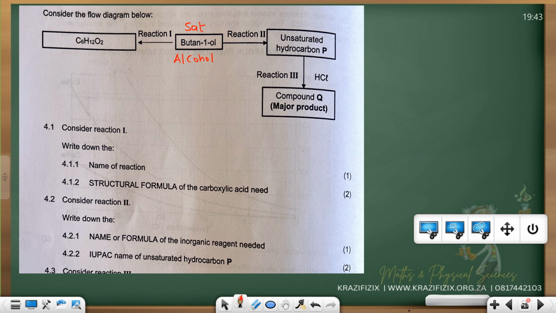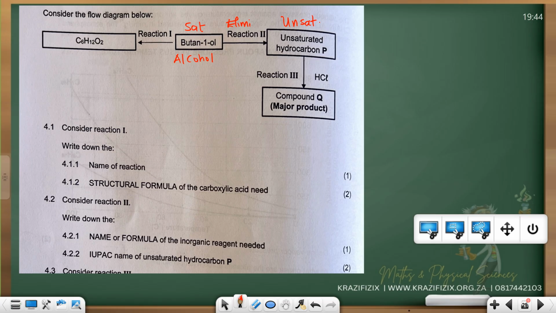Now, look at reaction P. They even helped us. They said on what? Saturated. That is SU. So I know this reaction is what? Elimination. Now, that unsaturated, we added HCl. I can simply tell you that this is going to be saturated because this is your Markovnikov rule.